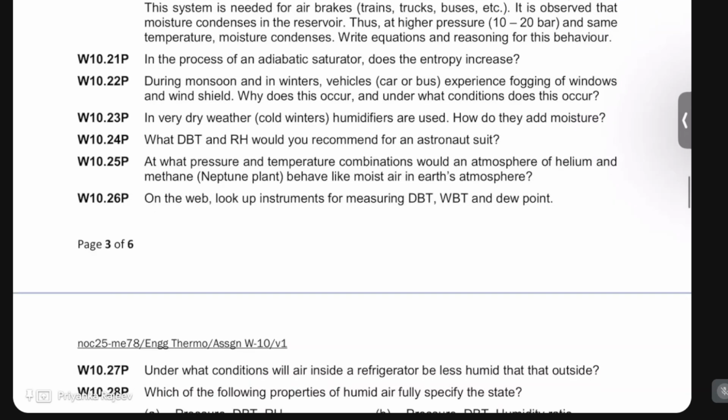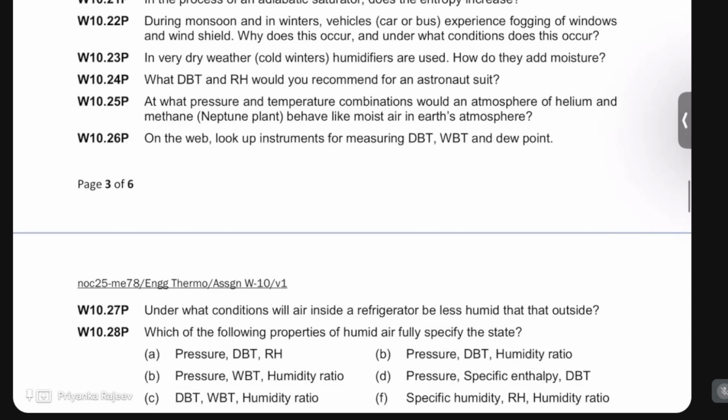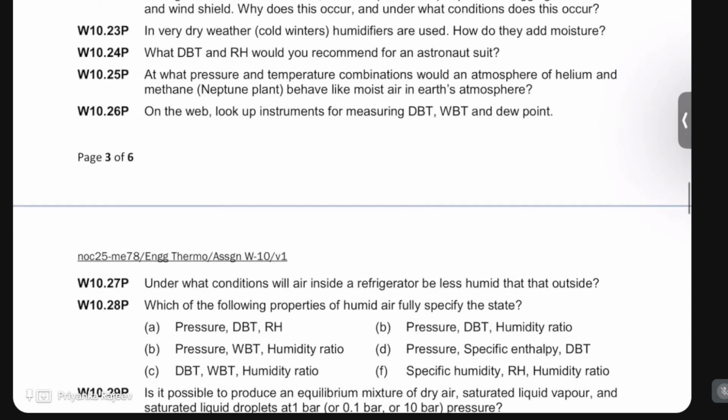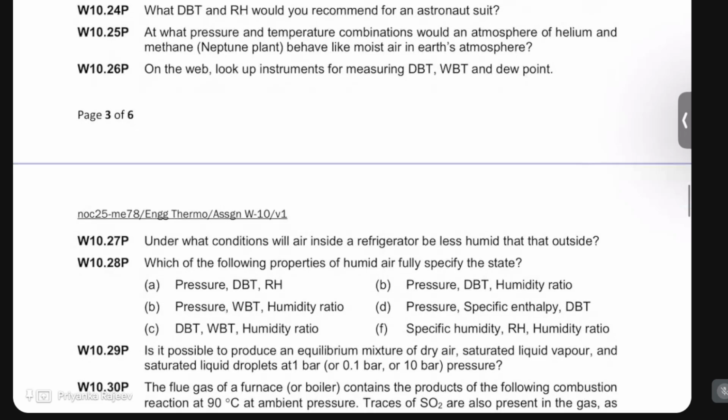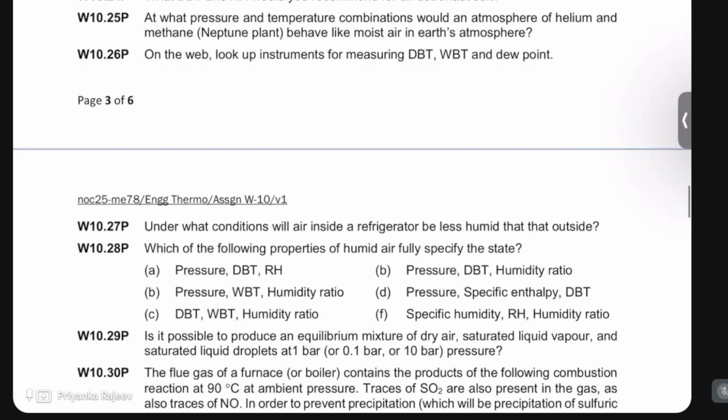At what pressure and temperature combination would an atmosphere of helium and methane behave like moist air in Earth's atmosphere? So helium and methane atmosphere behaving like moist air, that is what we want. Here similar behavior has a condensable component like methane as vapor with possible liquid or solid phase.